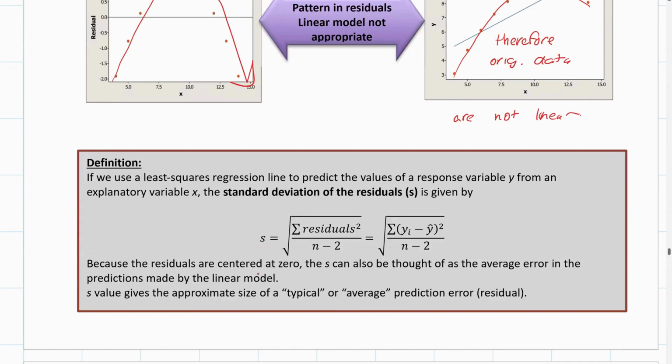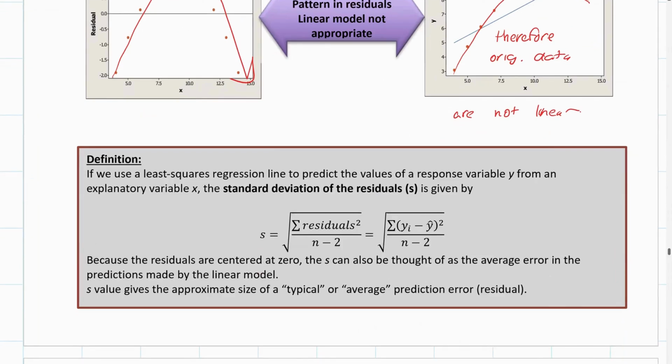Now, the residuals tell us one other thing. If we find something called the standard deviation of the residuals, we can find what's referred to as the typical or average prediction error. So when we're, let's say, using only miles data to predict the price of a truck, we know that we don't get the right answer all the time, but we'd like to know, on average, how close it is to being the right answer.